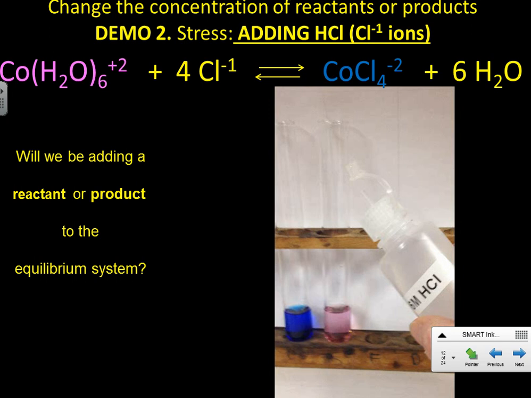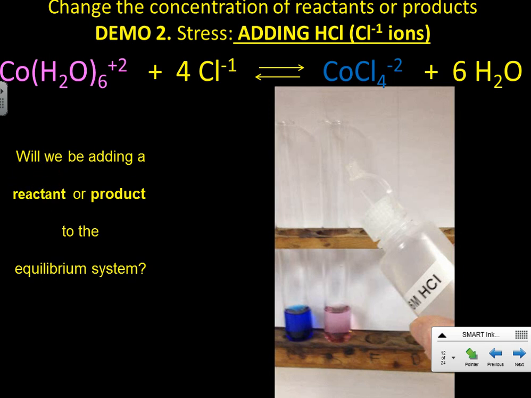So when we say we're adding HCl, we're adding both hydrogen and chloride, but the ion that's really of interest is the chloride ion. We don't see hydrogen ions individually in this equation, we just see chloride ions. So adding HCl is like adding chloride ions, and since we see chloride on the left side of the equation, we know that we will be adding a reactant to the equilibrium system.